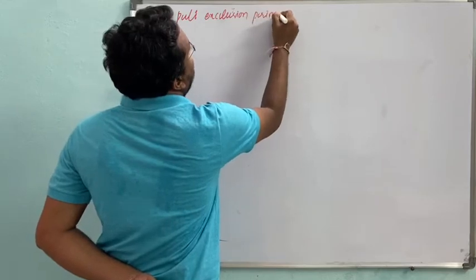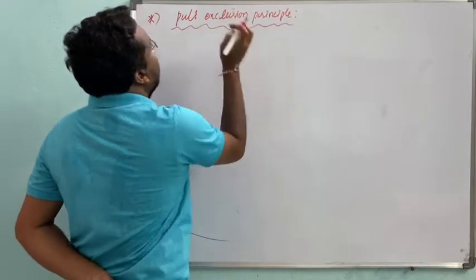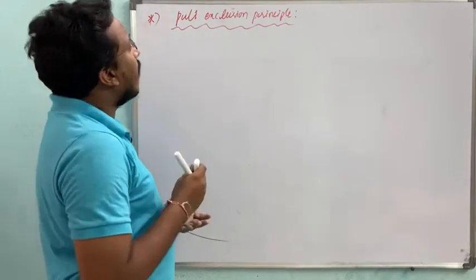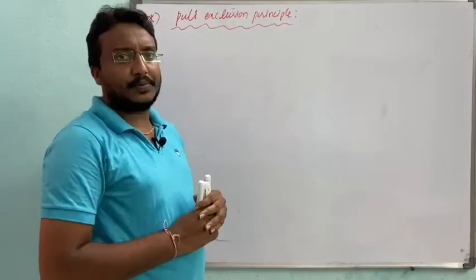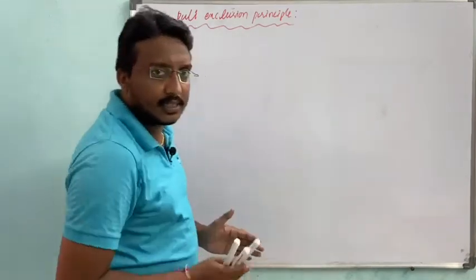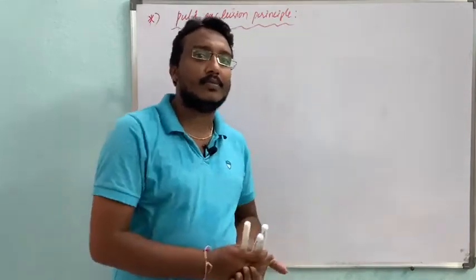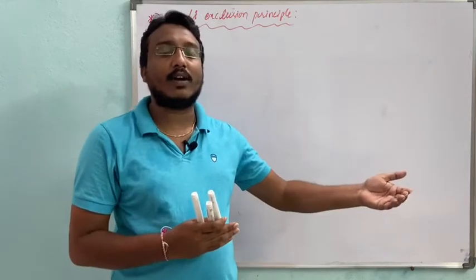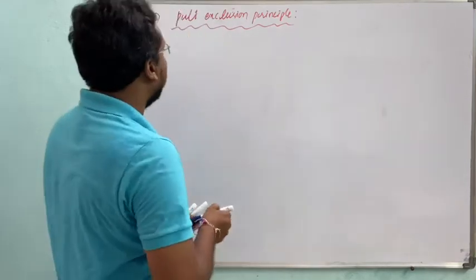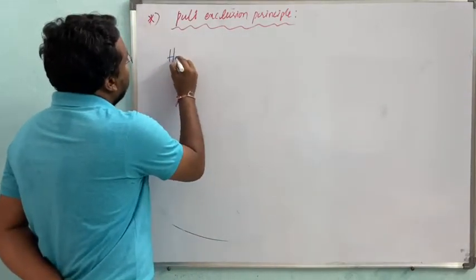According to this principle, no two electrons of an atom can have all four quantum numbers the same. See here.